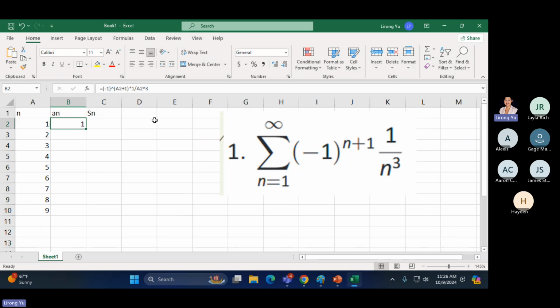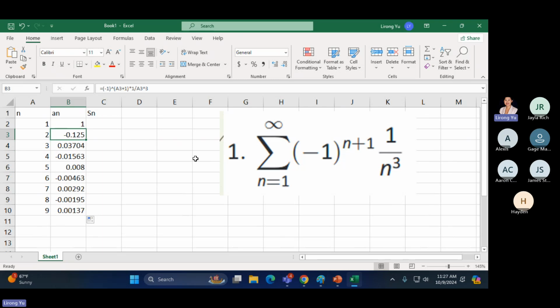The reason I keep using A2 is because A2 is where that particular n is at. Are we okay so far? I'm entering that formula so that it can be reapplied. Let's say if it works out, like this one.